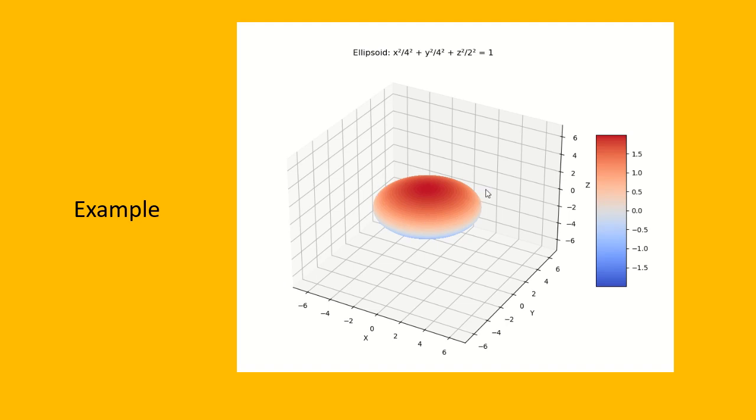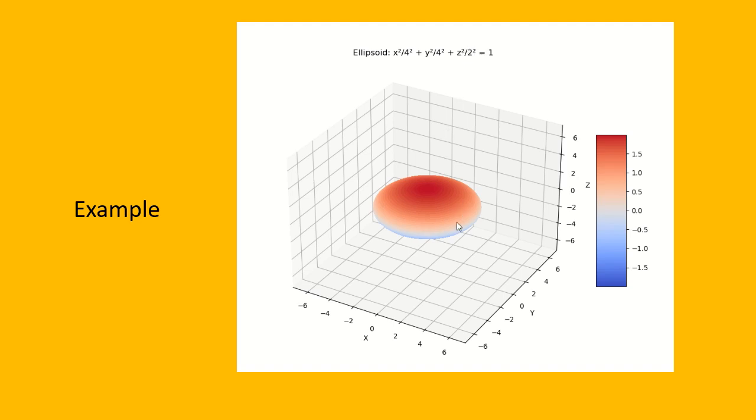Here is another ellipsoid given by x squared divided by 4 squared plus y squared divided by 4 squared plus z squared divided by 2 squared equals 1. This x term and this y term both have the same denominator, 4 squared. Then we have 2 squared under this z squared.